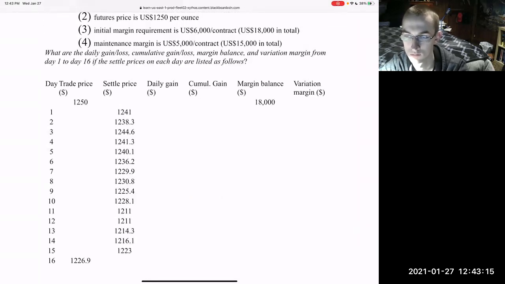Okay, so you can just fill in the numbers, but I prefer you provide a couple of days, like how you calculate daily gain. For example, you just provide day 2, day 3, so that I know how you calculate the others. You don't need to provide every day's calculation, but I prefer you give me 1 day or 2 days of calculation for daily gain, cumulative gain, margin balance, and the variation margin.